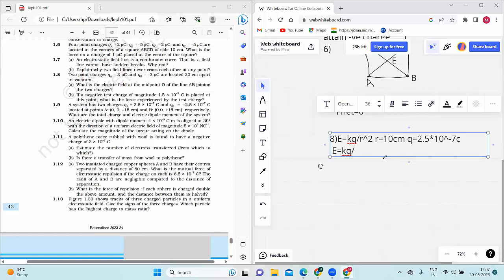We'll use the formula KQ by R square for both the charges, one positive and one negative. As the directions of the fields due to both charges are the same, this results in 2 into KQ by R square.